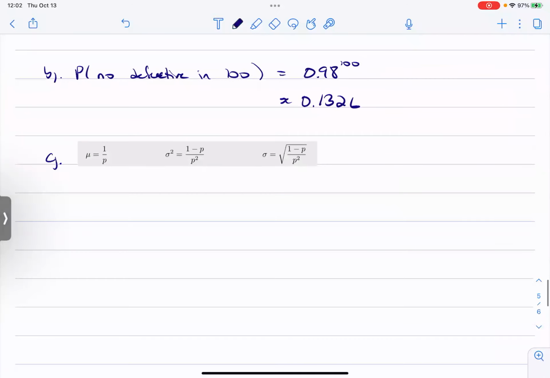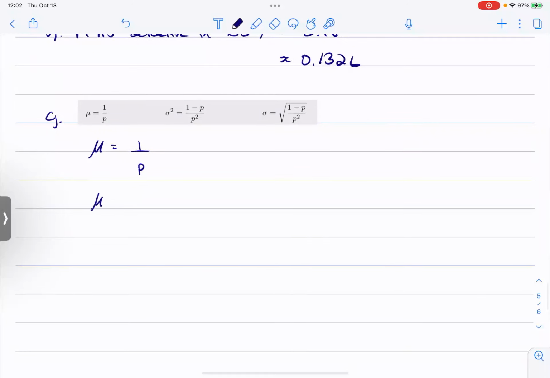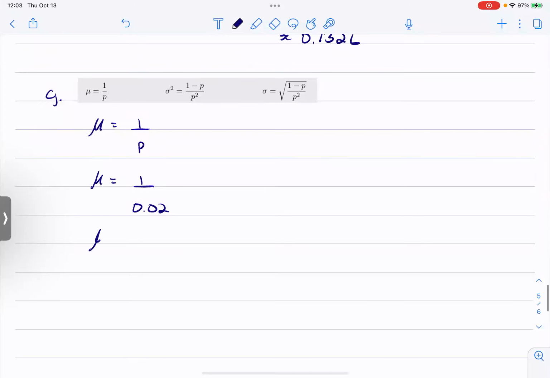But we can find the mean, which is 1 over p, which in this case is the expected number of trials before we reach the first defective, because that's what the geometric tells us. It's going to be 1 over 0.02. 1 divided by 0.02 is 50. We would expect to have 50 transistors come and go without defect until we see the first defect. That's what we're expecting.